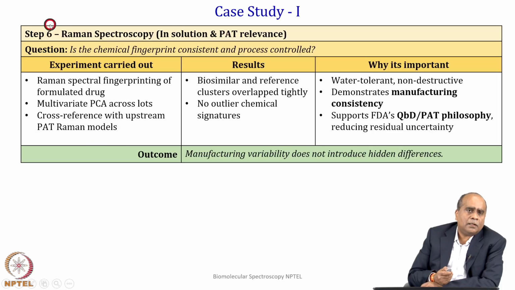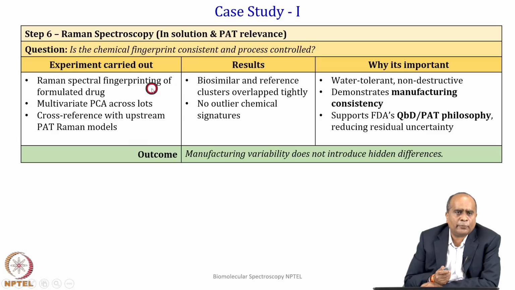Now, finally, biomanufacturing and continuous manufacturing can be monitored by Raman spectroscopy in solution, with PAT relevance. Here we are measuring whether the chemical fingerprint is consistent and the process is controlled. To do that, we can employ the Raman spectrum fingerprint.